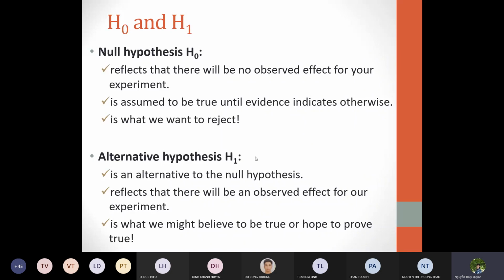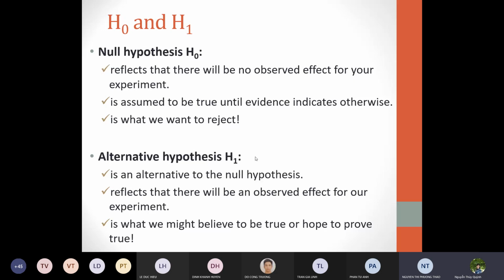So what we ask in the exercise, or what is your belief, will be reflected in the alternative hypothesis H1. H1 will be what you believe, what you want to prove to be true.